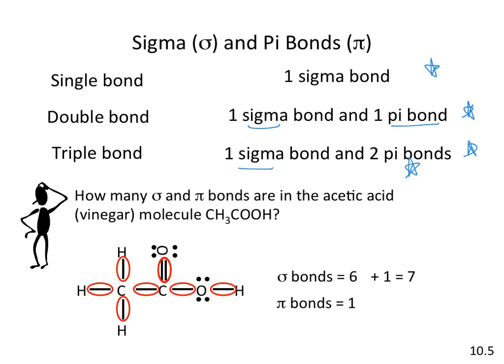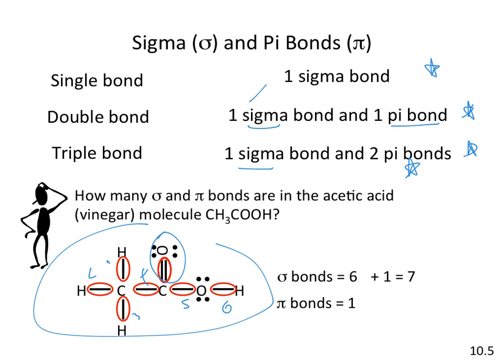Okay, so if we look at vinegar, or acetic acid, and we want to identify how many sigma and pi bonds you have, the first thing you can do is count up how many single bonds you have. So 1, 2, 3, 4, 5, 6. I have 6 sigma bonds coming from all the single bonds. And then I have this double bond here. Now remember, a double bond consists of a sigma plus a pi bond.